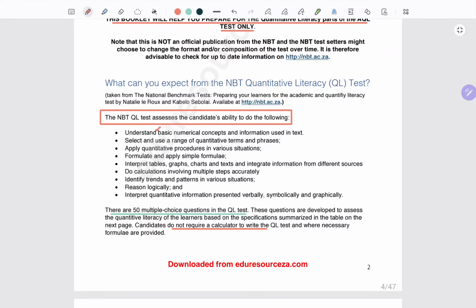So we need to be able to convert between numbers and words, and we need to formulate and apply simple formulae. We need to interpret tables, graphs, charts, and texts, and integrate information from different sources. The part that I love the most here is the integration of information, because trust me, you may learn these things in isolation, but at times you find yourself needing them in combination.